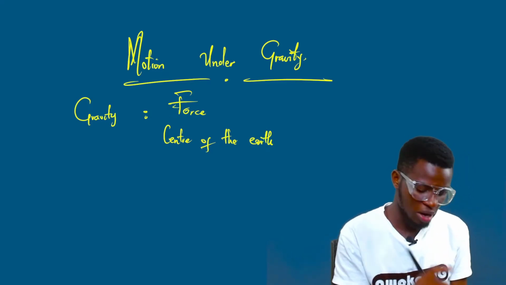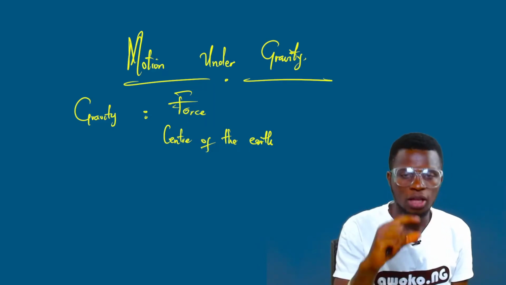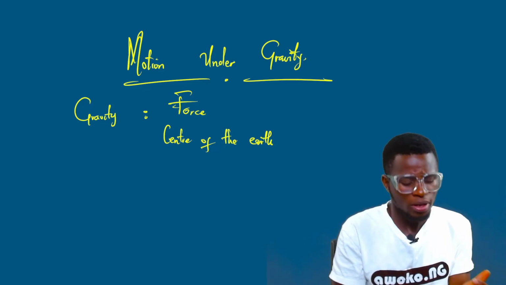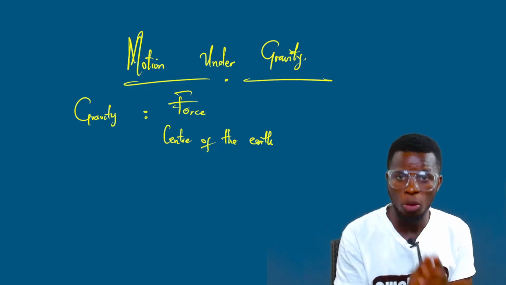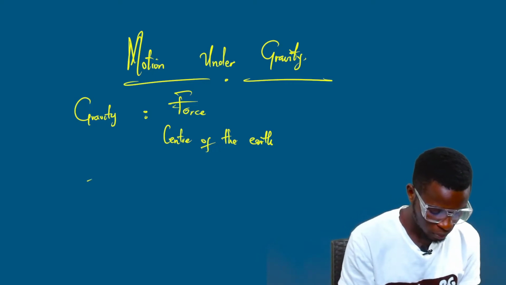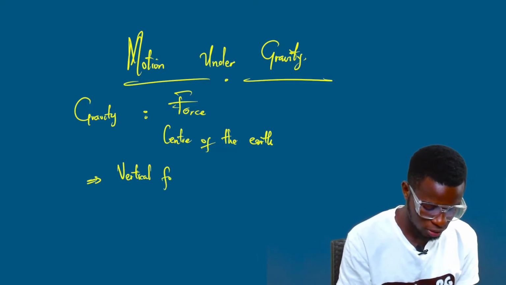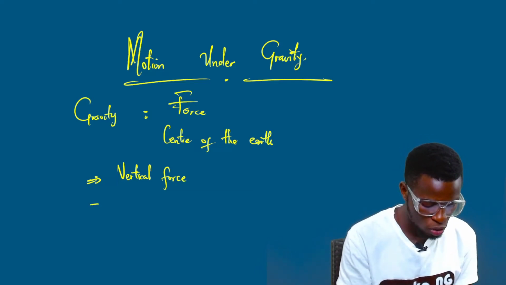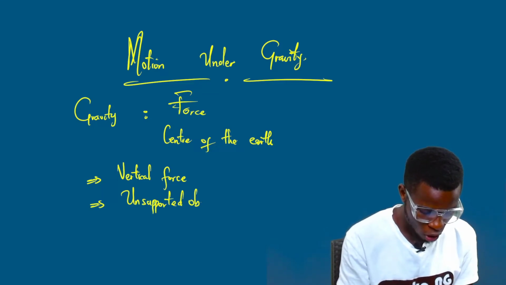So the vertical fall of all unsupported objects, please take note, is a vertical force that tends to pull all unsupported objects.